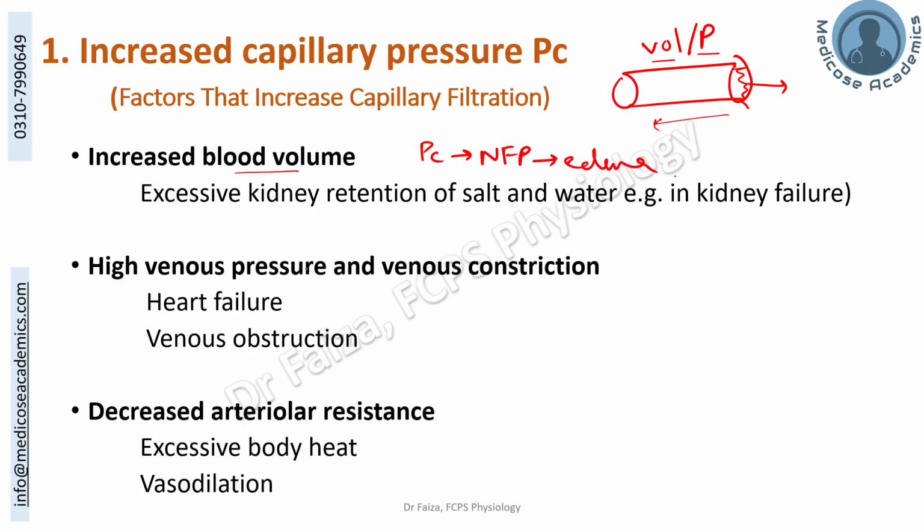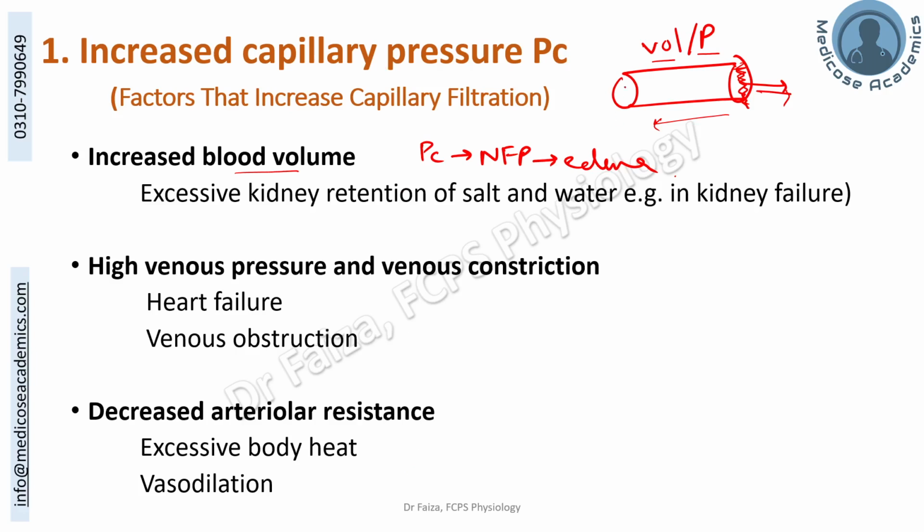In case of higher venous pressure or venous constriction, that is the obstruction or constriction at the outlet end, it is going to increase the upstream pressure. For example, some venous obstruction, for example, heart failure, the venous return will reduce, the fluid will pile up in the capillaries, leading to increased capillary hydrostatic pressure.